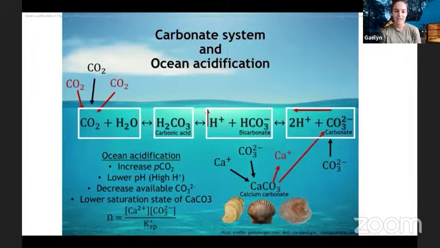And a decrease in availability of carbonate, and then a lower saturation state of the calcium carbonate. So there's literally just less of this molecule available for use. That can be a huge problem because you have to think about all of the different organisms that are going to use that calcium carbonate, which is a lot more than just the 3 that you see on this image here.